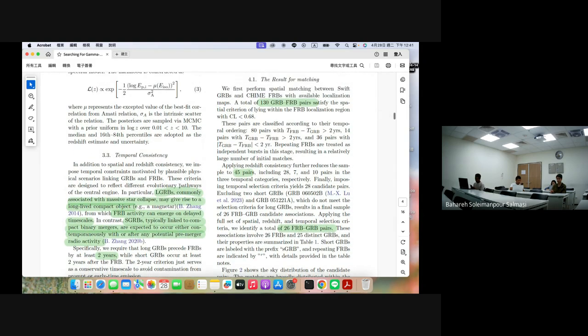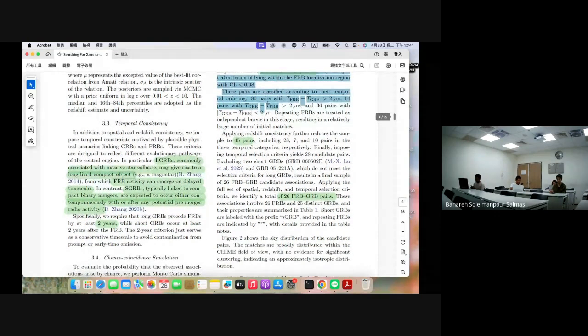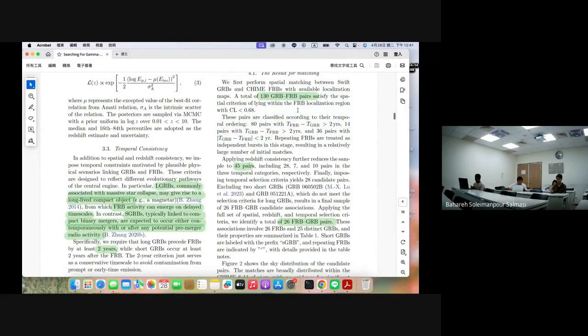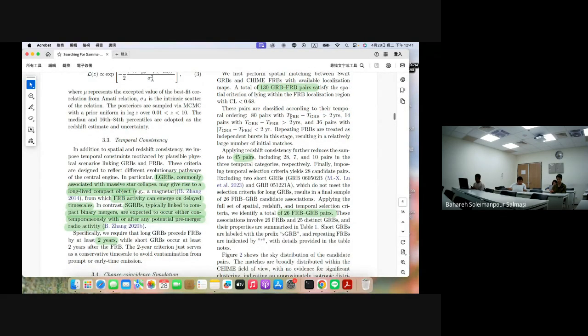In the beginning, we have 4,513 FRBs and 464 gamma ray burst events. After localization-based matching, there are only 130 pairs. After the temporal ordering, there are 80 pairs with FRB time minus gamma ray burst time greater than zero, which means the FRB happens after the gamma ray burst.